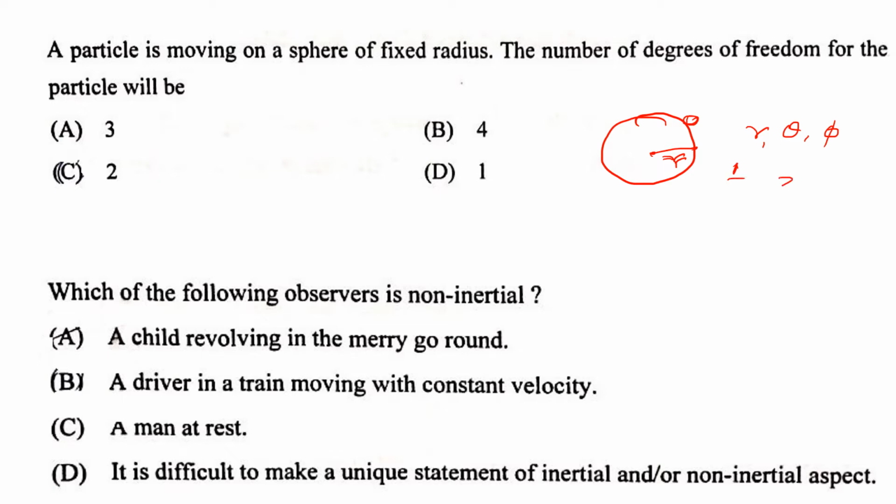Here we need 3 degrees of freedom to describe the position of a particle in space. So 1 is fixed, so 3 minus 1, therefore degrees of freedom will be 2.